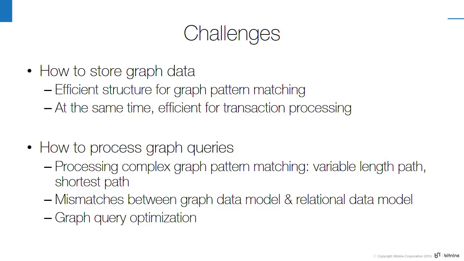And the processing of the graph pattern matching is the most challenging part. The graph pattern matching can be handled using join operations, but it is not the end. There are several complex issues like variable length path query and shortest path query. Moreover, there exist mismatches between the graph model and the relational model.